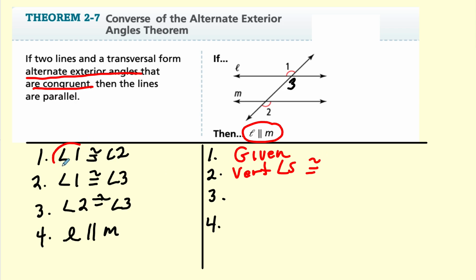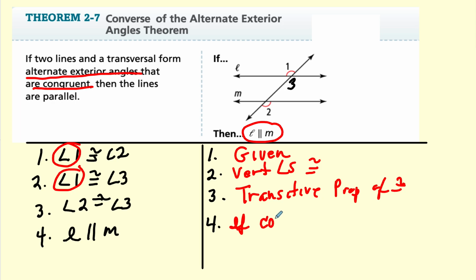And since line 1 has angle 1, line 2 has angle 1, we can say 2 and 3 are congruent because of the transitive property of congruence. And 2 and 3 happen to be corresponding angles again. So we can say if corresponding angles are congruent, then the two lines are parallel.